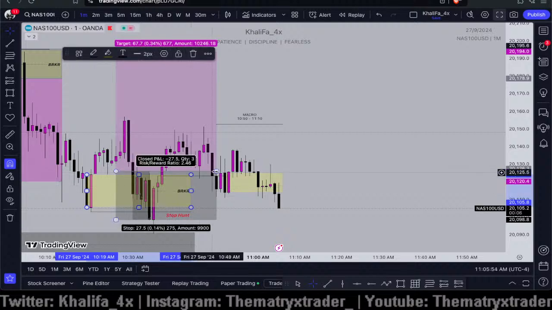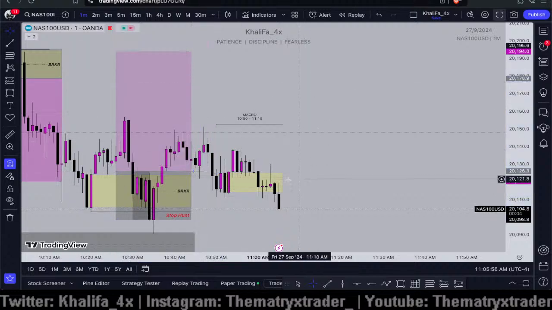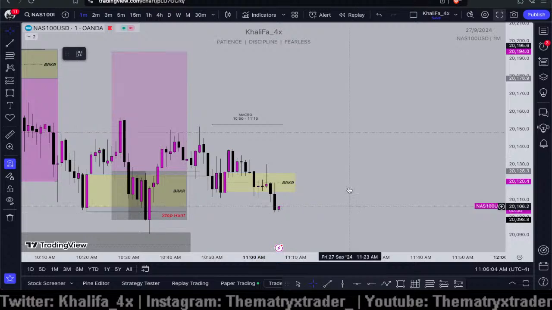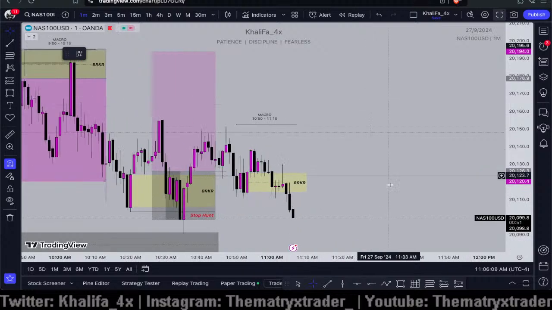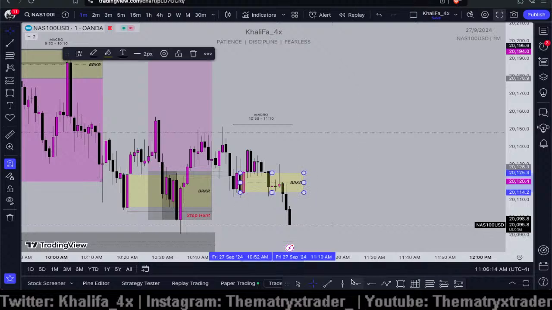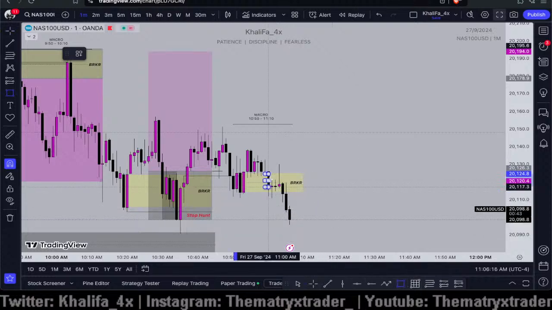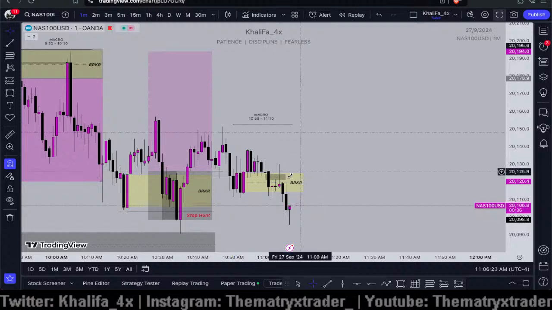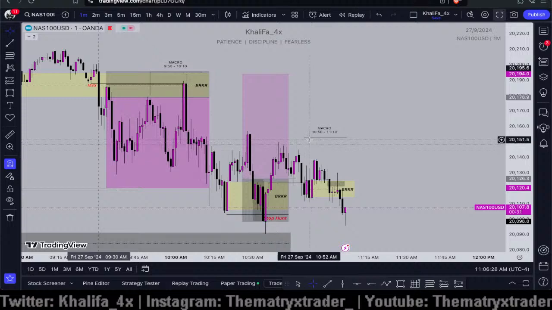I'm not removing anything, I'm just doing this. Yes, folks, you can go for short. We got a real nice entry from this very fair value gap. You see, now this is what happened in the macros.